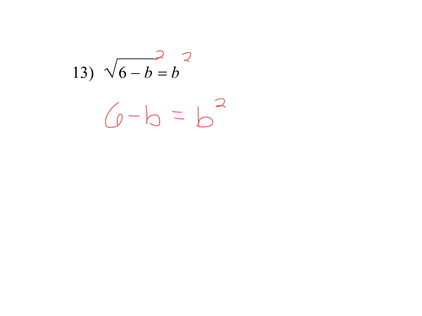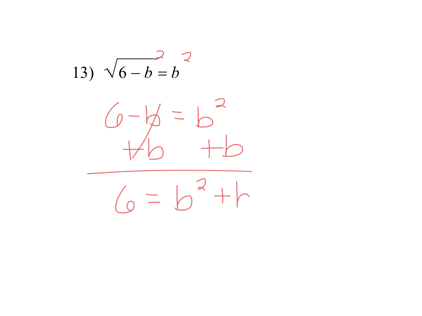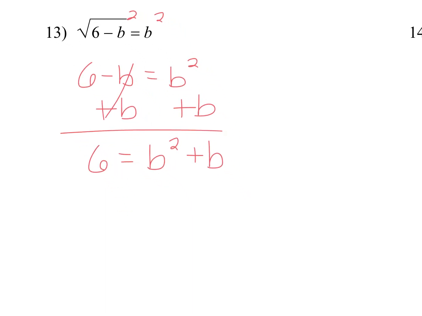Okay. What now? What'd you say? Okay, add b. But can I add b squared and b together? No. Okay, so what's on that other side? We have b squared plus b. Now what? Subtract 6.